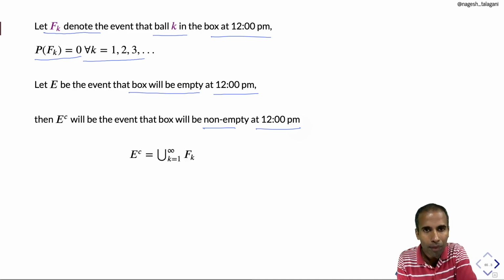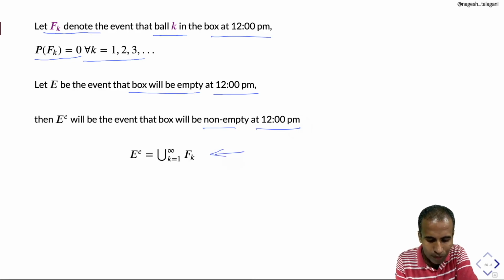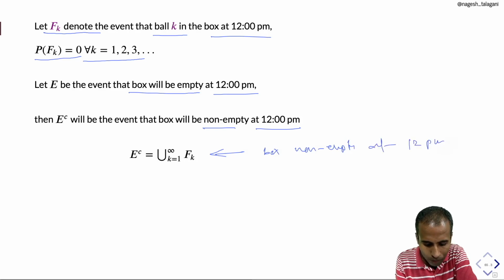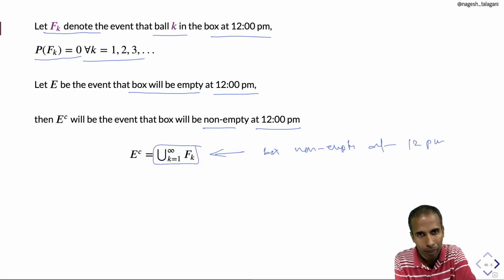E complement will be precisely the union, k equal to 1 to infinity, of Fk. That is precisely what box non-empty at 12 p.m. means, because at least one of the Fk must have happened. That means at least one ball with some label k is there in the box.